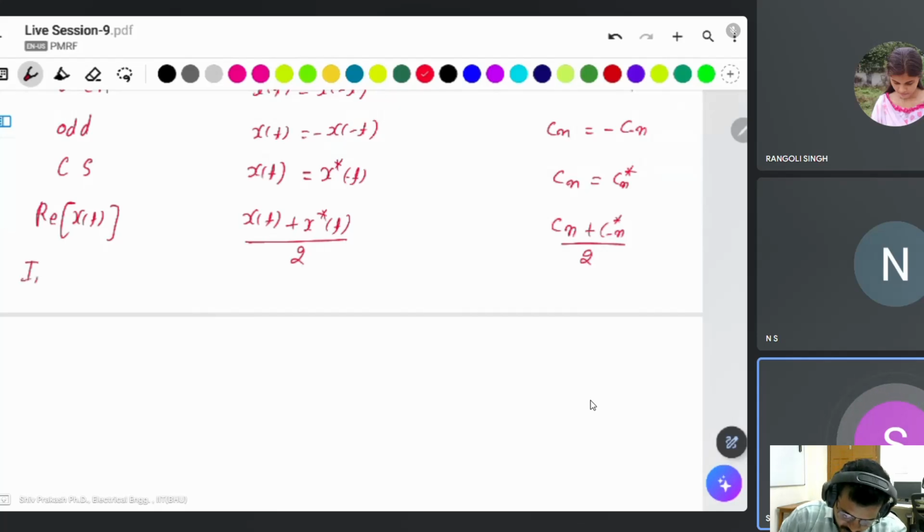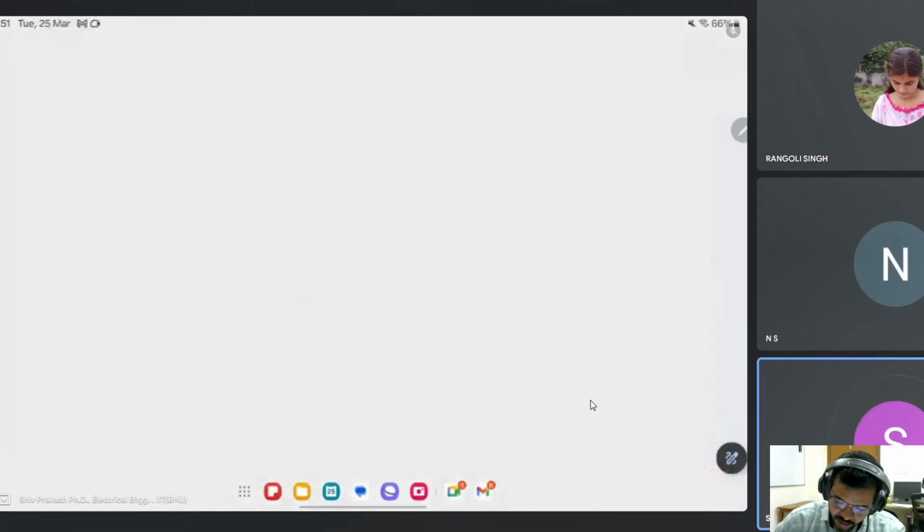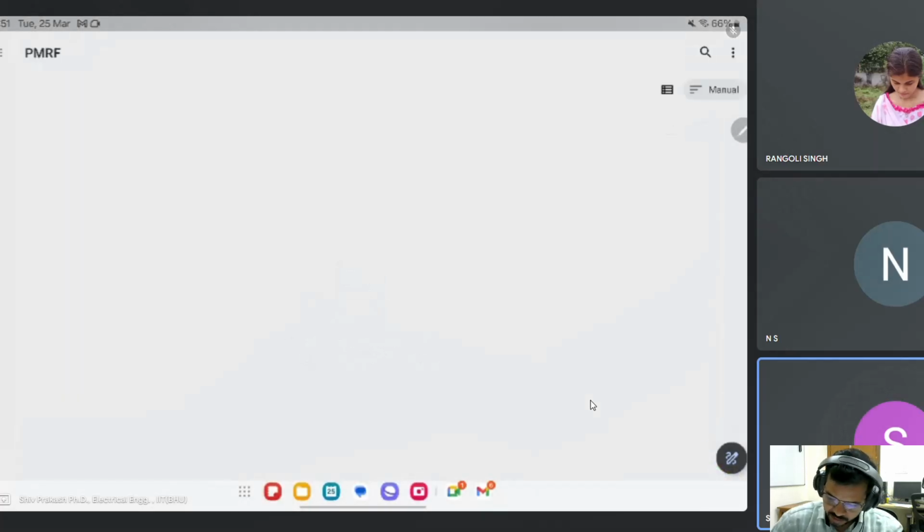Same thing if you want to find the imaginary part of the function: x(t) minus the conjugate of x(t). If you subtract this, the real part is cancelled out.